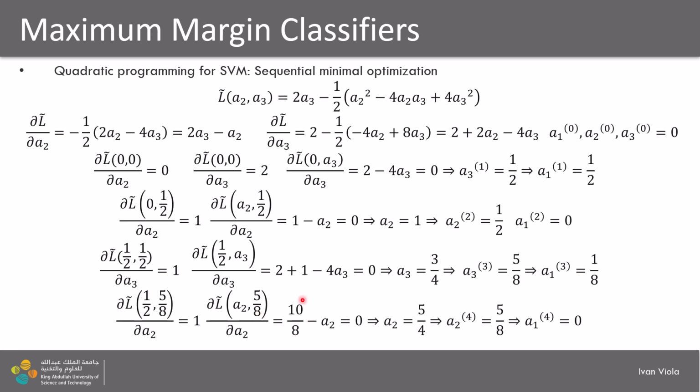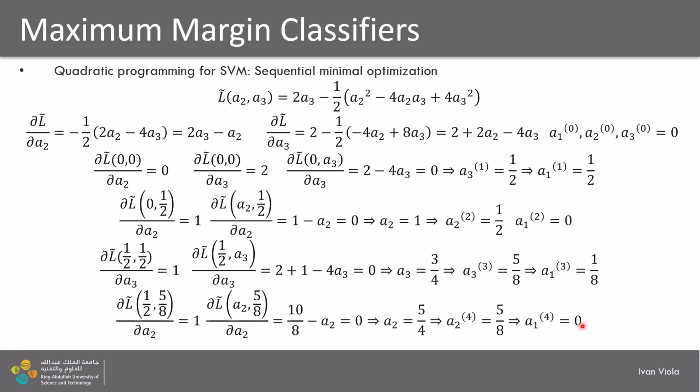That is now 10/8 here, and then we have minus A2, therefore A2 will be equal to 5/4, but it cannot be that large. Maximally it can be 5/8, and that is the value which it will obtain. Therefore A1 in the fourth iteration will become 0.